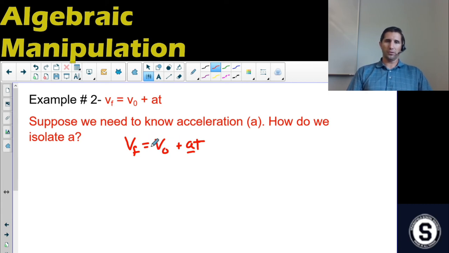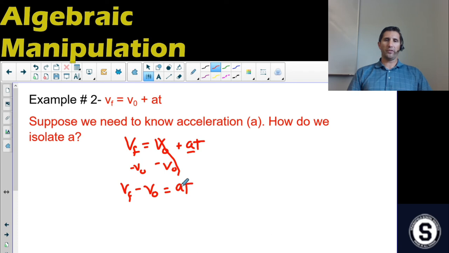So what we're going to do is subtract Vo from both sides because it's being added. So I'm going to do minus Vo on both sides. Here, Vo minus Vo cancels out. And over here now I have Vf minus Vo equals, what's left? A times T.